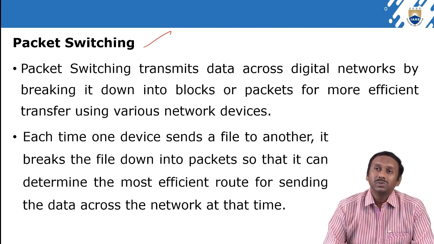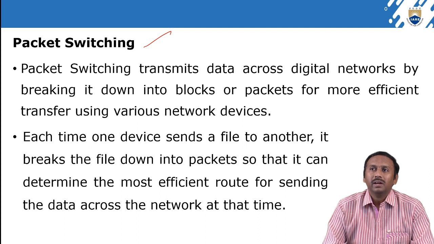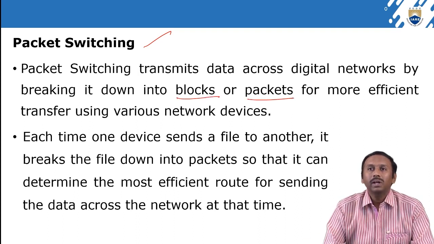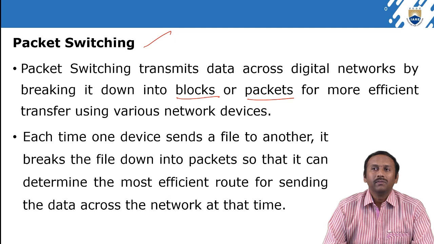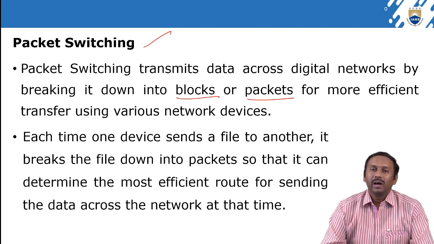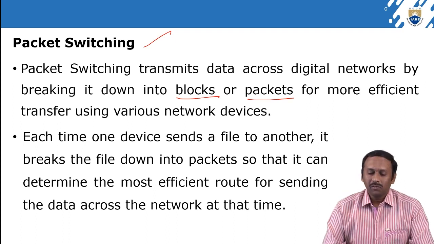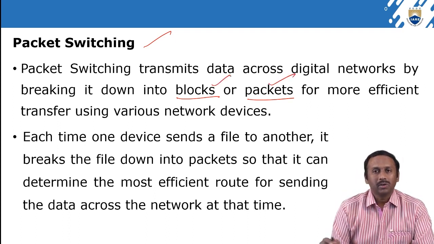And packet switching transmits data across digital networks by breaking it down into blocks or packets for more efficient transfer using various devices. Okay, here the data can be represented in the form of packets or blocks.